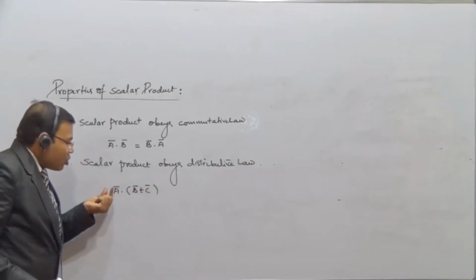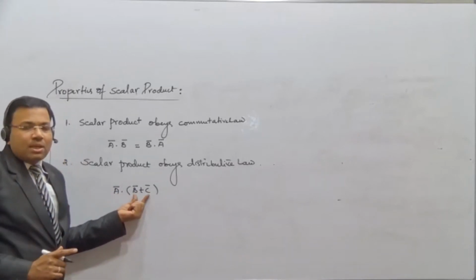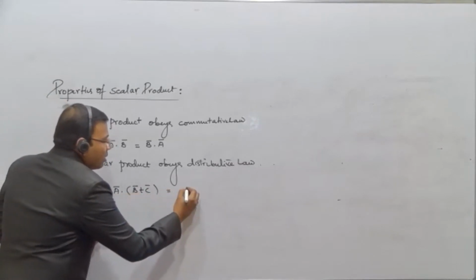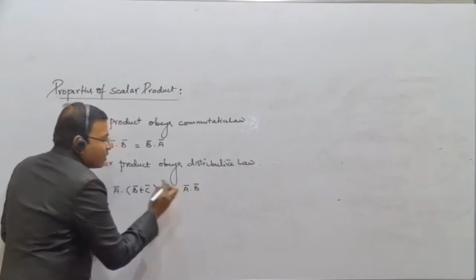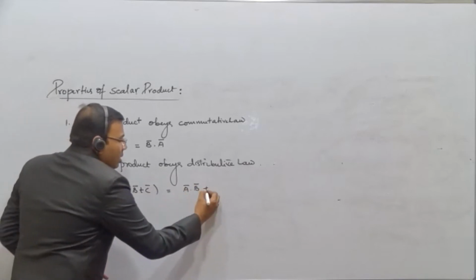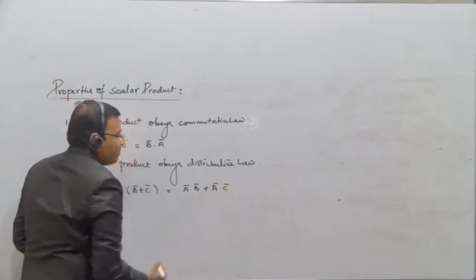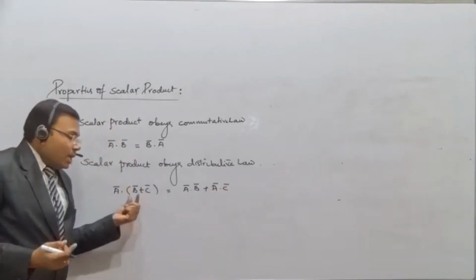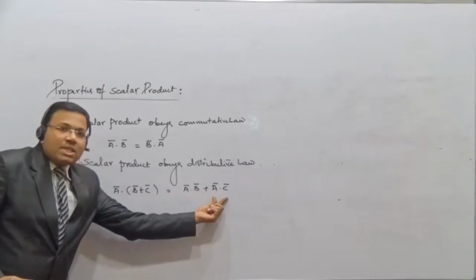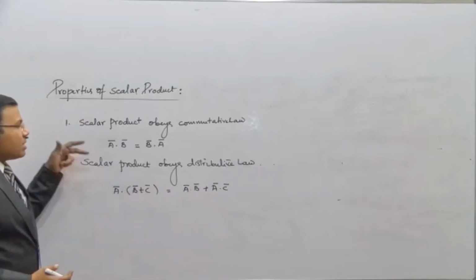I'm using the dot product of A with the result of B plus C. I'm going to get the same result if I multiply A with B and A with C using the dot product itself, and add them. That's why I'm writing A dot (B plus C) equals A dot B plus A dot C. So either you multiply A with B plus C, or you multiply A with B, A with C, and add them. The result will be the same. That means these are the 2 properties.